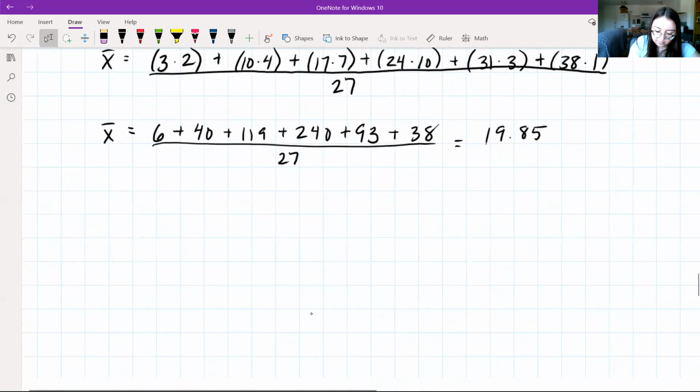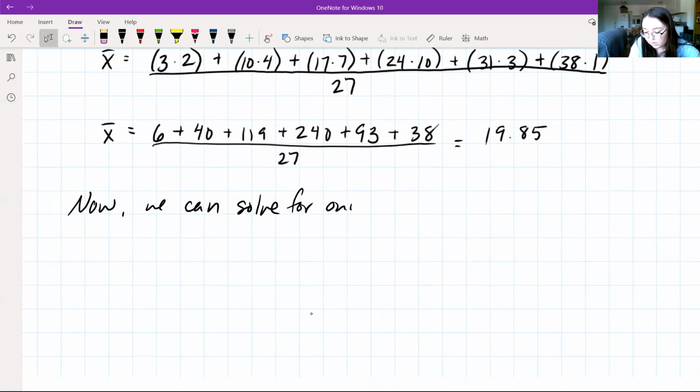So we can say now we can solve for our standard deviation.